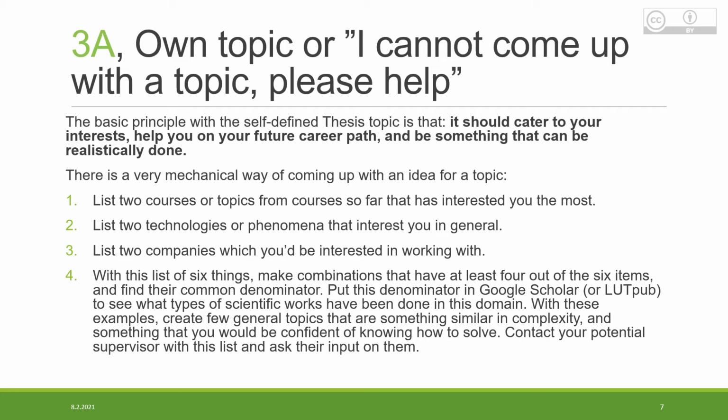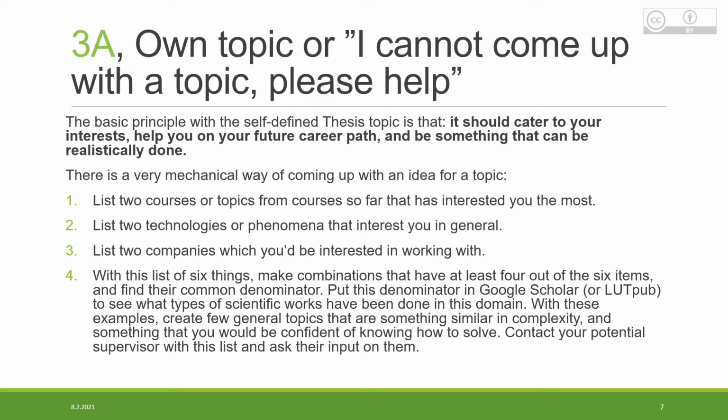So, with this list of things that have been done and the list of interests and common denominators of your interests, create a few general topics of similar complexity to what you found from Google Scholar or LUT-pub as earlier thesis work, and then see who could be the person from our department who could supervise a thesis work on this topic.